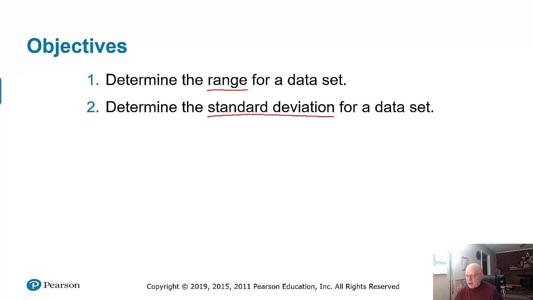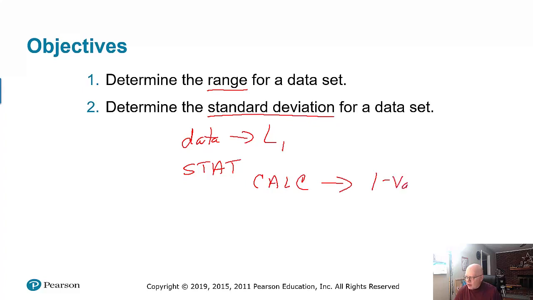All you really have to do is put the data into a list. Once you do that, you hit the Stat key, go to Calculate, and then choose One Variable Stats.